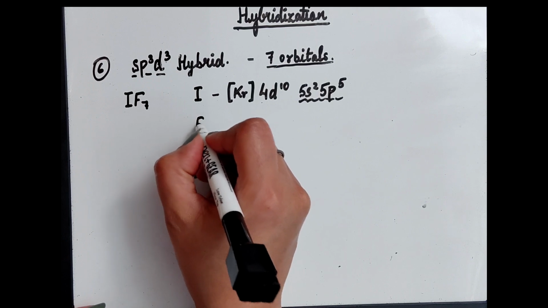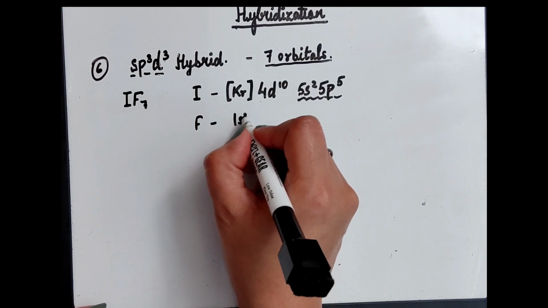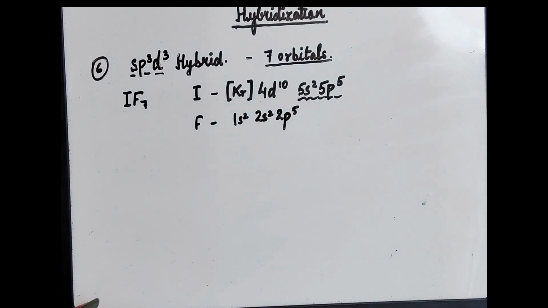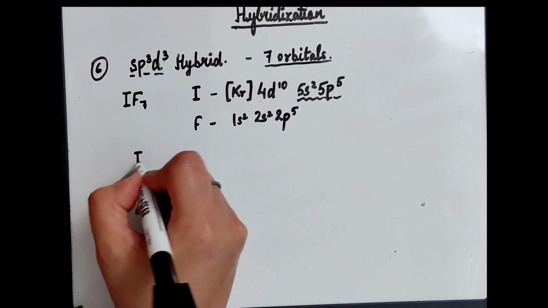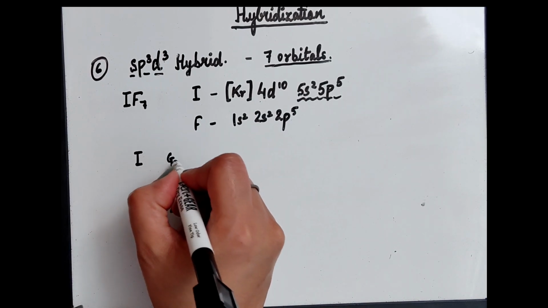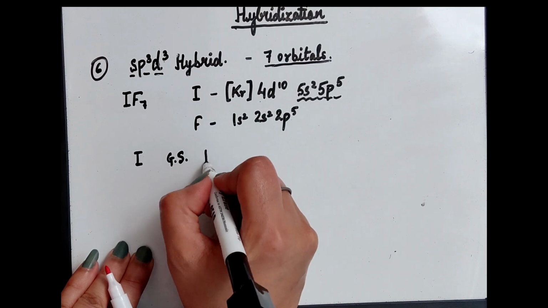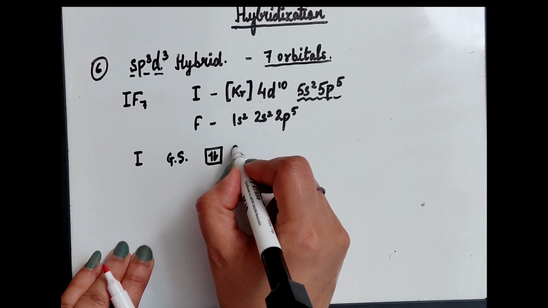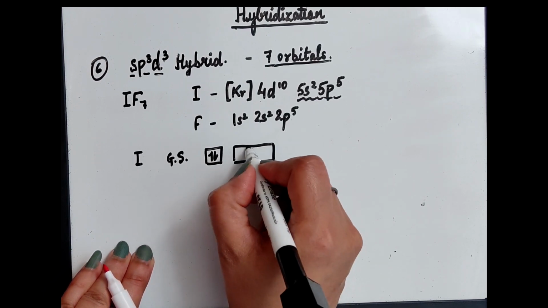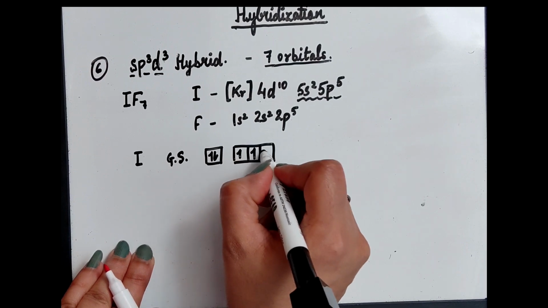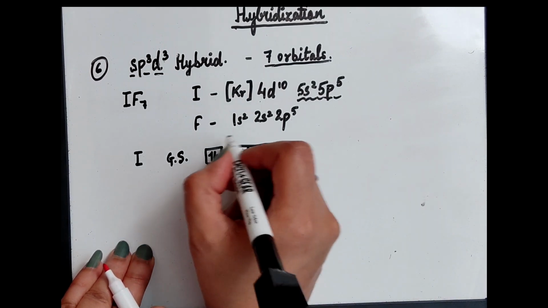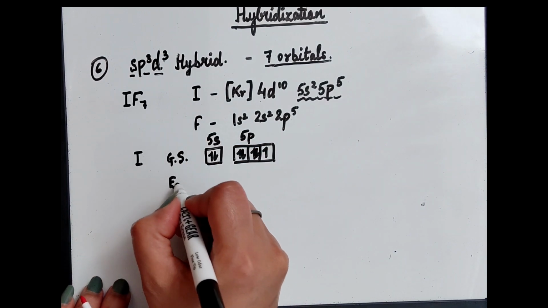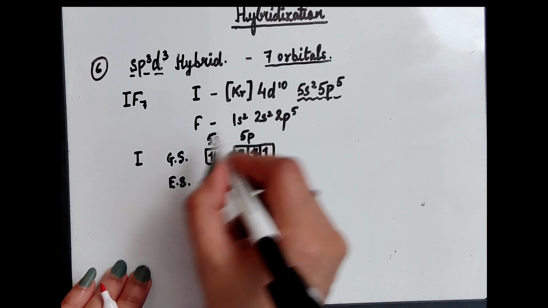Now let's see for fluorine. For fluorine, the electronic configuration is 1s2, 2s2, 2p5. For iodine, the ground state is 5s2 5p5, and the excited state will also involve d orbitals.